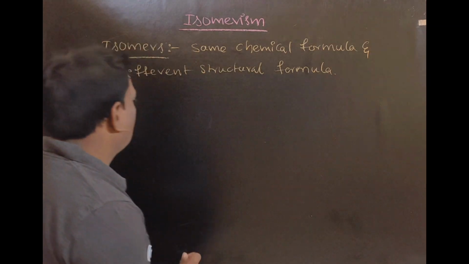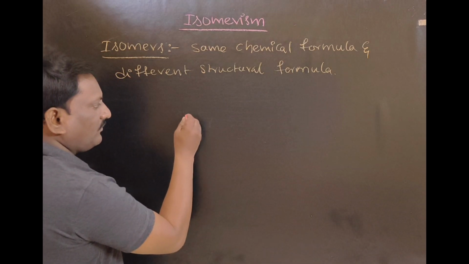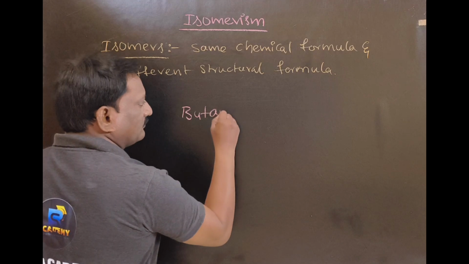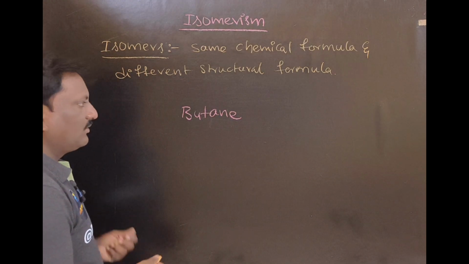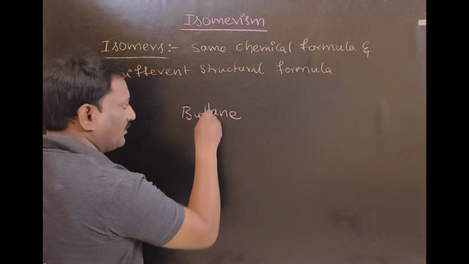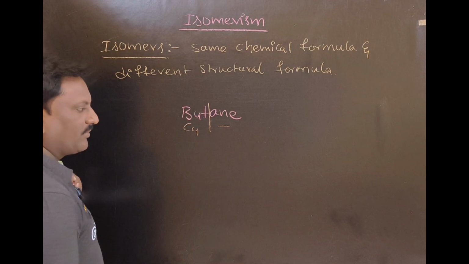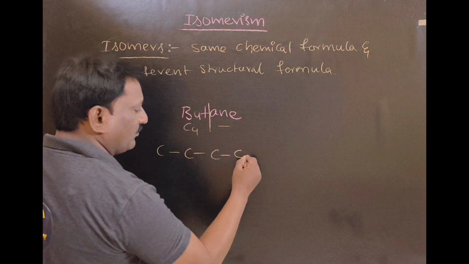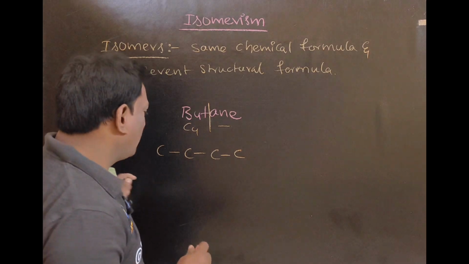So let us have an example. Look at that. Butane. Let us draw the structure of butane. But plus ane: 4 carbons with single bond between carbon and carbon. 1, 2, 3, 4. Remaining valence of carbon must be filled with hydrogen.